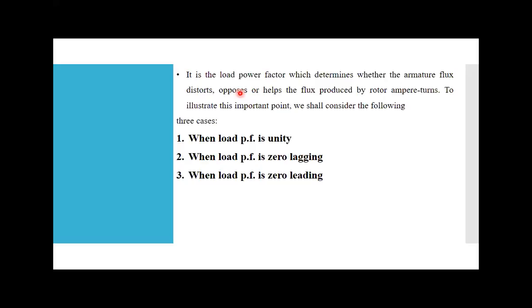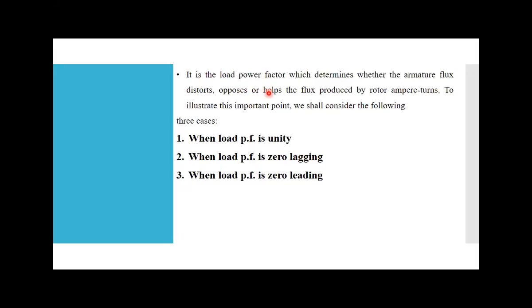Suppose my main flux is sine in nature and my armature flux is cosine in nature, and when you take the average, it will sometimes be zero also. So it will oppose the main flux, and sometimes it will help.